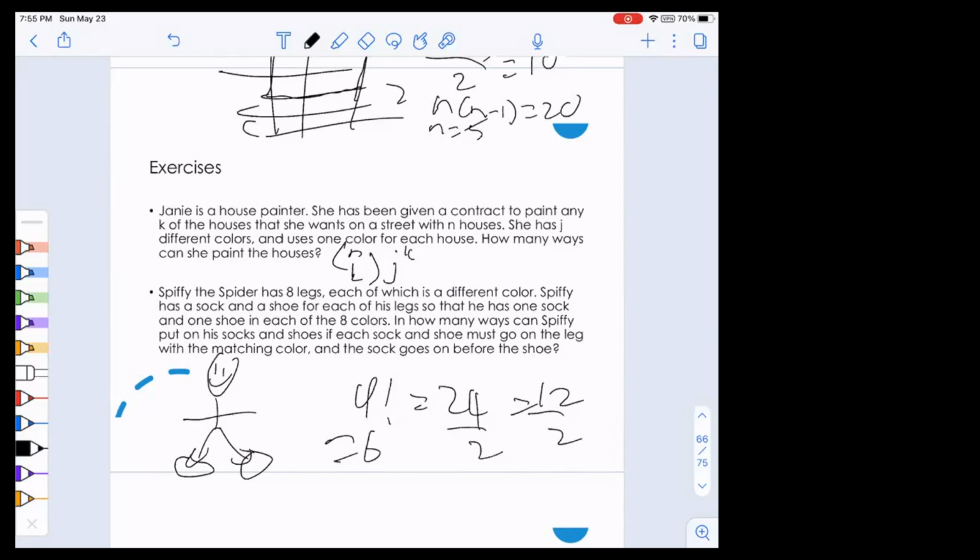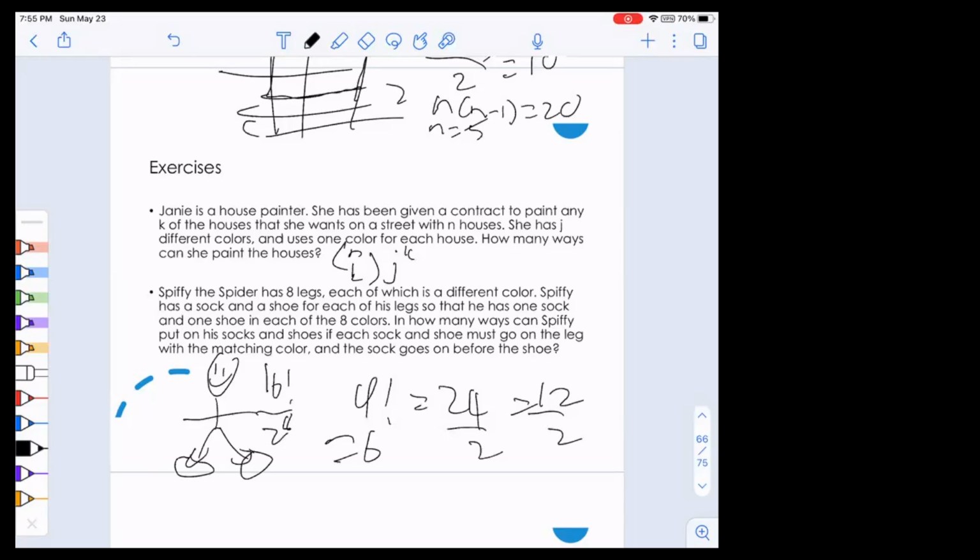Now we just do the same problem, except the spider has 8 legs. So now we have 16 things to put on, so 16 factorial. Then we need to remove all of the ways that the spider can put on the shoe before the sock. Since there are 8 feet, we need to divide by 2 to the power of 8.